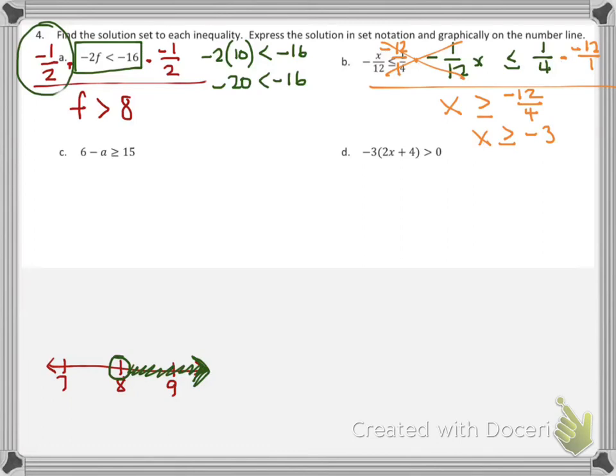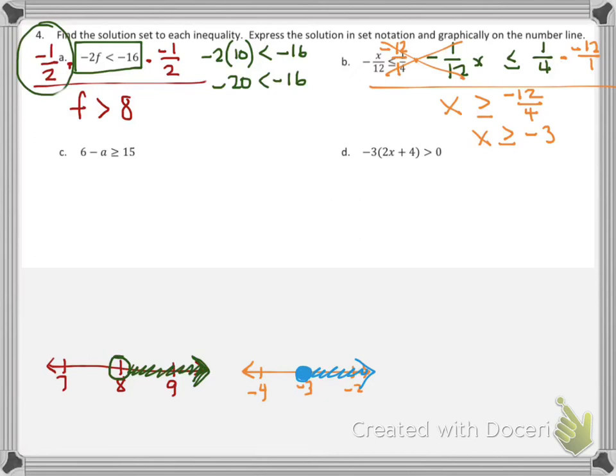And if I needed to graph that, I would just make sure I had the negative 3 on there somewhere. To the right would be a little bit bigger, negative 2. To the left would be a little bit smaller, negative 4. And I just need to say yes, negative 3, solid dot, and everything bigger, that's to the right. So my graph of the solution set would look like that.